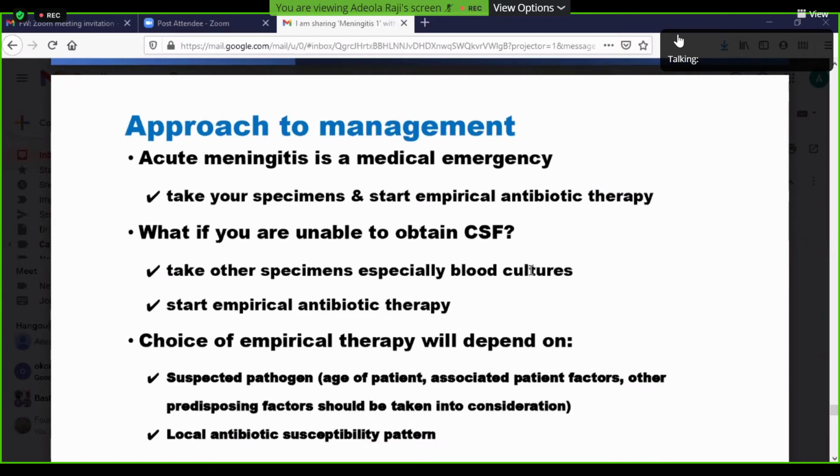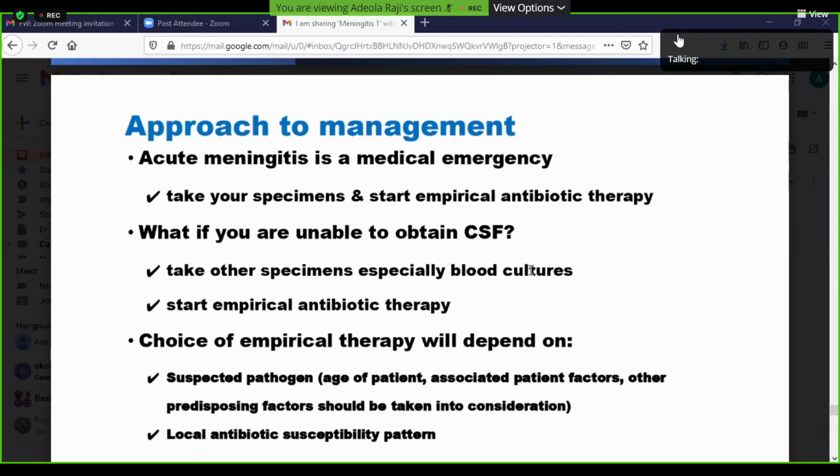So empirical therapy will tell you the likely antibiotics these agents are going to respond to in your own practice area. Now, if you're unable to obtain CSF, take other specimens such as blood. Remember, we said blood can assist us because we know in the pathogenic process, the organisms may access the CNS through the bloodstream. Then you can start empirical antibiotics.